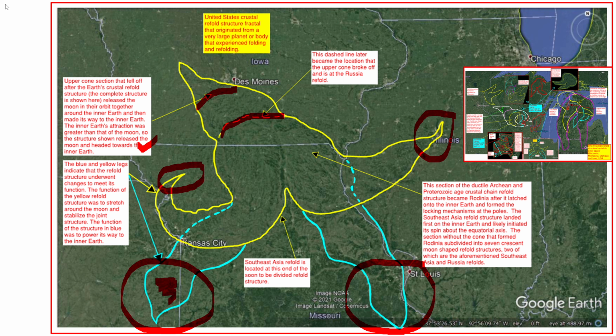The blue and yellow legs indicate that the refold structure underwent changes to meet its function. The function of the yellow refold structure was to stretch around the moon and stabilize the joint structure. The function of the structure in blue was to power its way to the inner Earth. Now the feet may not have changed, but they may have. I could see these changes undergone based on the function.